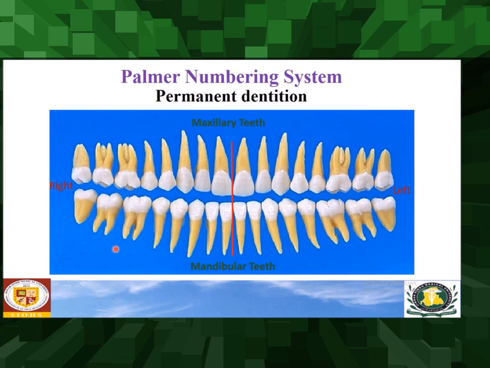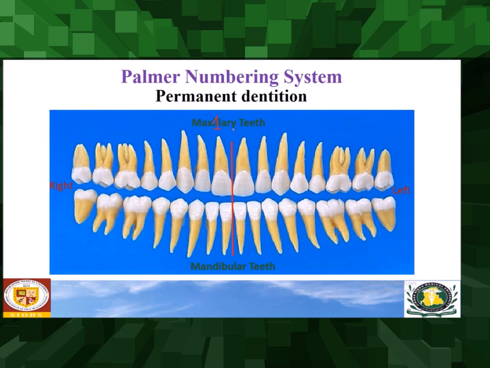Now, the right maxillary central incisor. This is the maxillary arch and this is the maxillary right central incisor. So in the Palmer notation system, we give this tooth a number, and that number is 1. And 1 is used for every central incisor, whether it is in the maxillary arch or the mandibular arch.